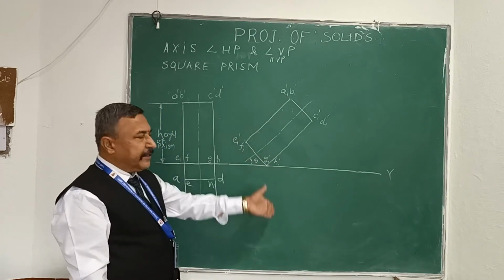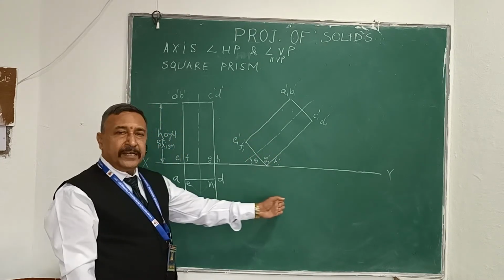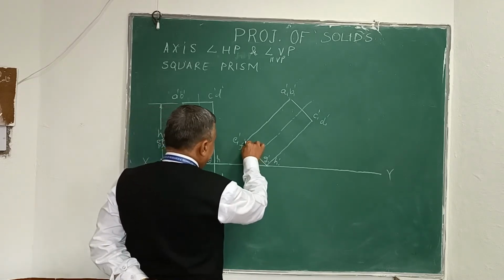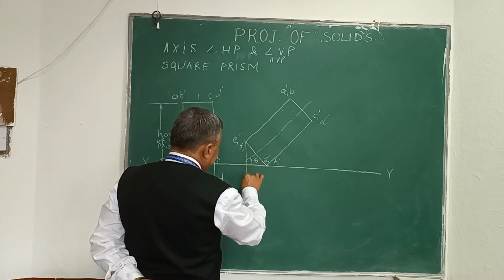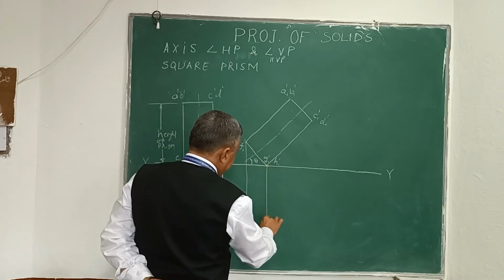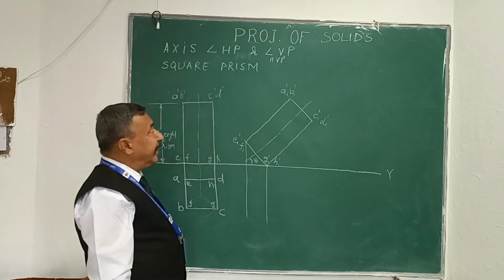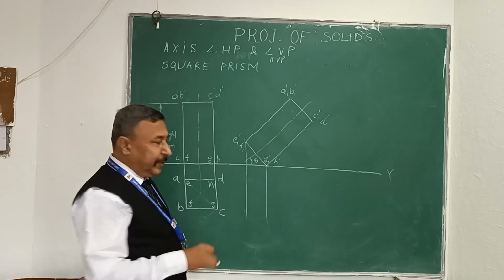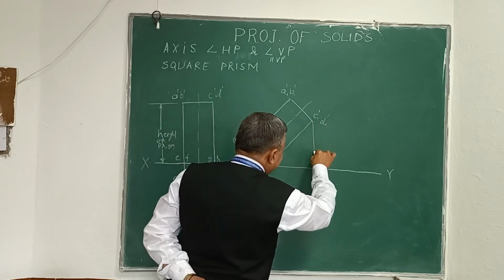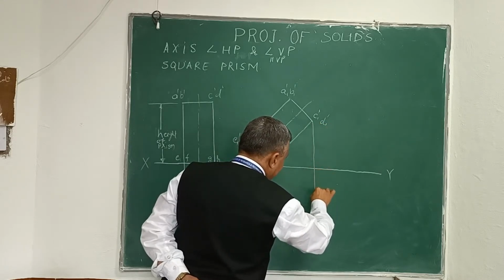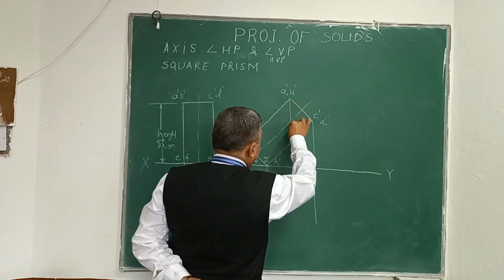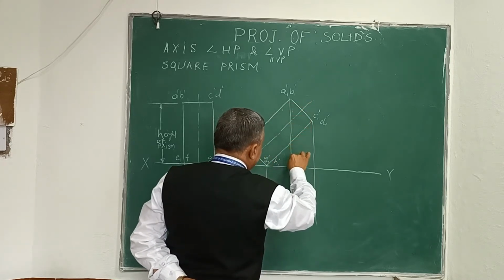Now project it, locus from here and complete this top view. This position we already drew when axis was inclined to one of the reference planes. So up to here the drawing is the same as we drew in the last question.